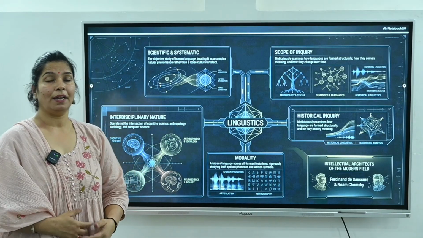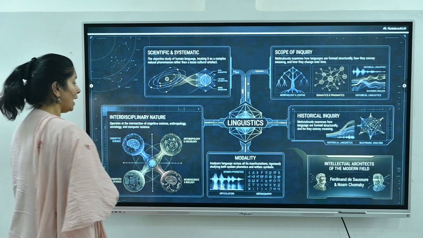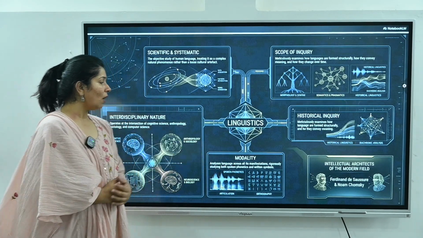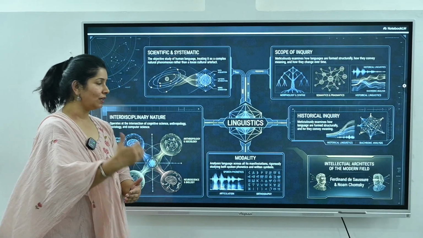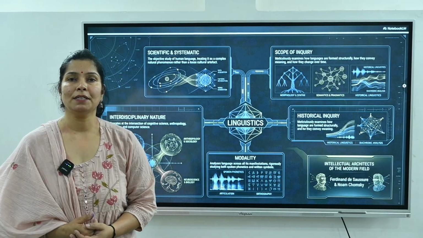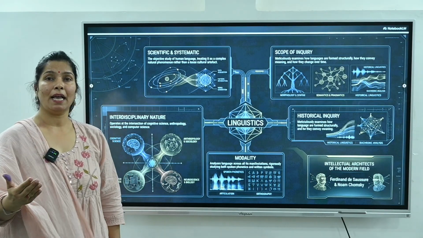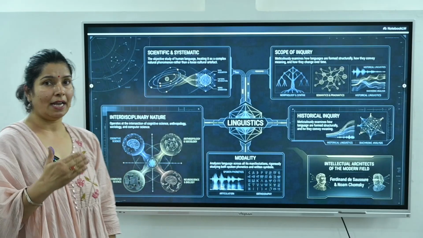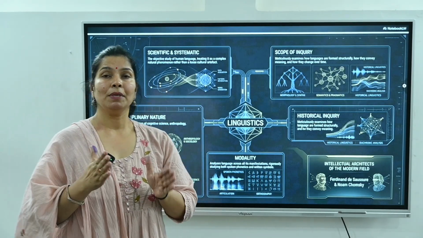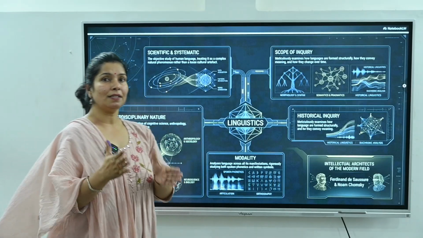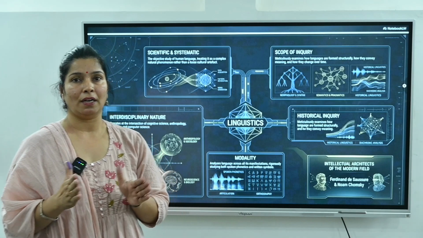Another characteristic of linguistics is modality. It analyzes language across all its manifestations, rigorously studying both spoken phonetics and written symbols. It means it examines written as well as spoken language, and it considers all languages equally, because linguistics doesn't consider one language superior or inferior to another.